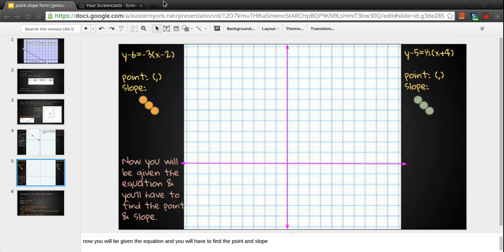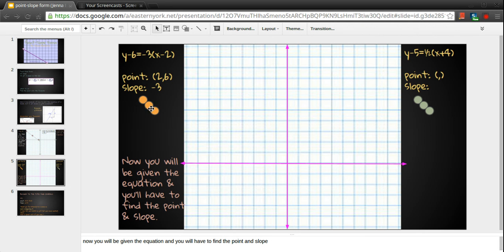Okay, I'm just going to go over these quickly. X is -2, but it is a positive. And it's also a positive 6. The slope right here is a -3.